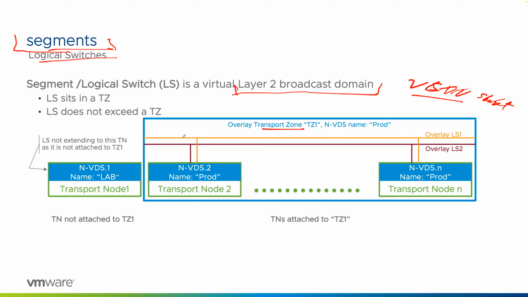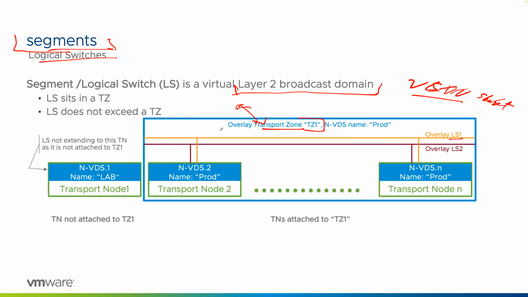Here I want to give you an explanation of this diagram. We have a TZ named TZ1. In this TZ1, we have two segments or logical switches.